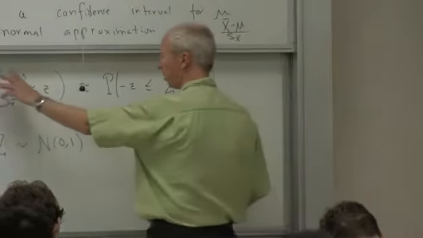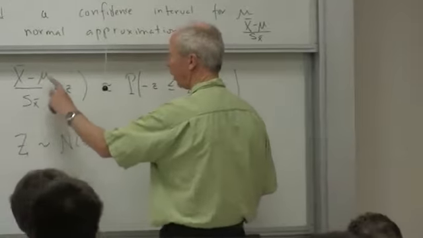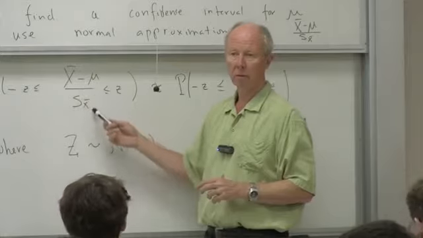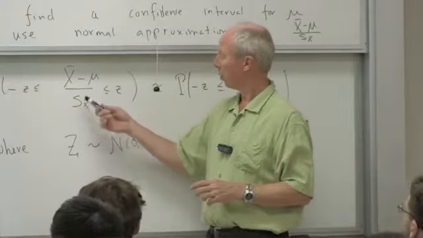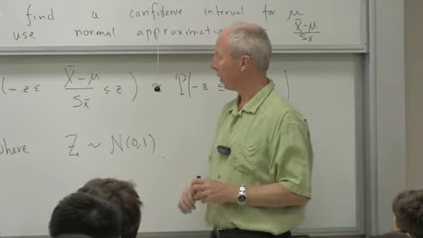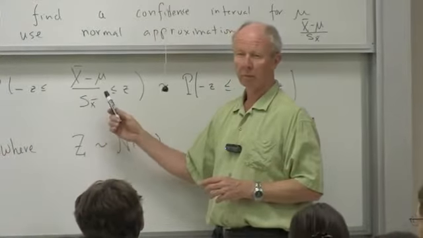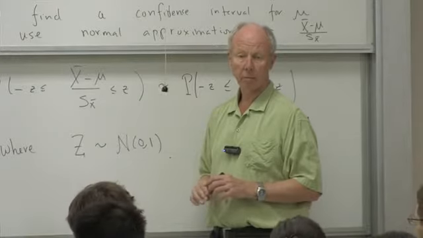Now let's look at this for a moment. We don't know mu, but from the sample we can compute these two numbers. We could rewrite this inequality, saying that mu lies between two values.